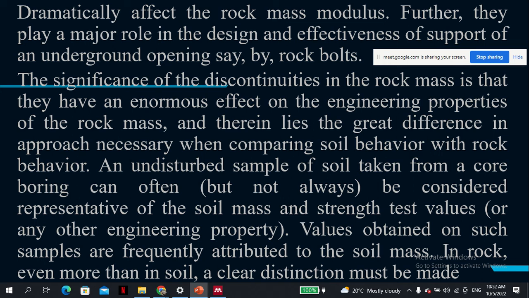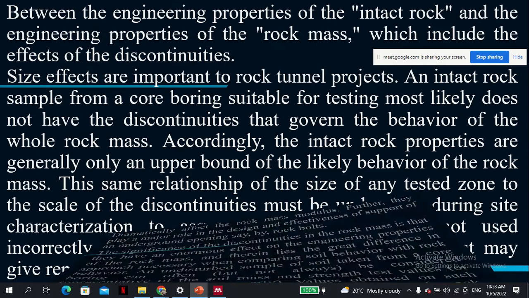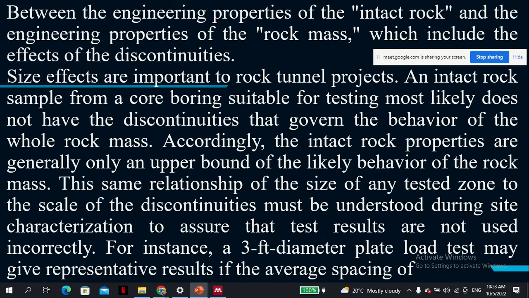In rock, even more than in soil, clear distinction must be made between the engineering properties of intact rock, the individual block of rock that you have tested, and the engineering properties of the rock mass, which include effects of discontinuities.